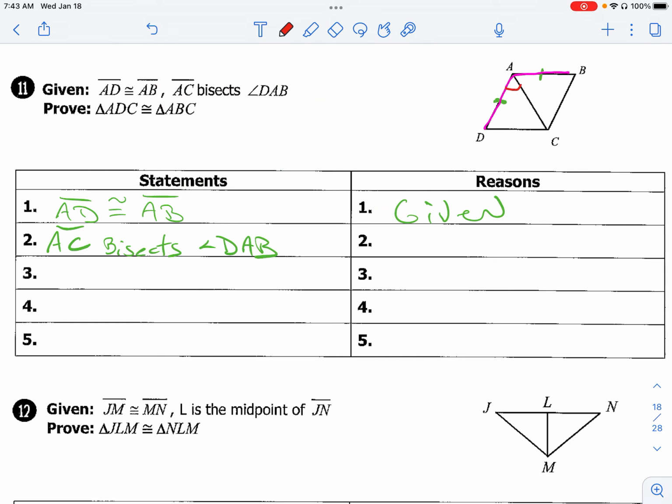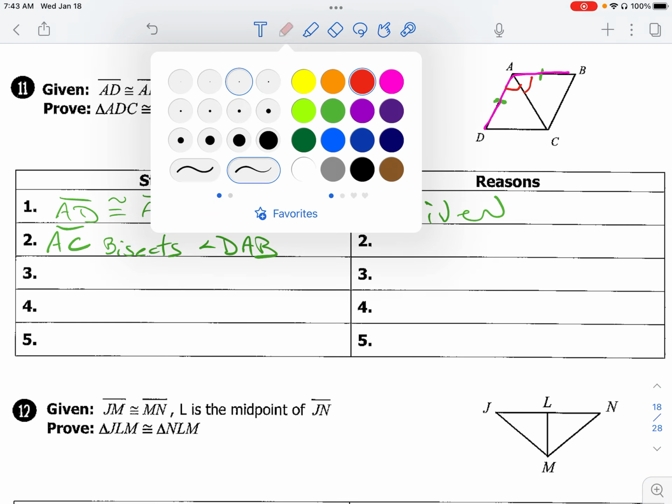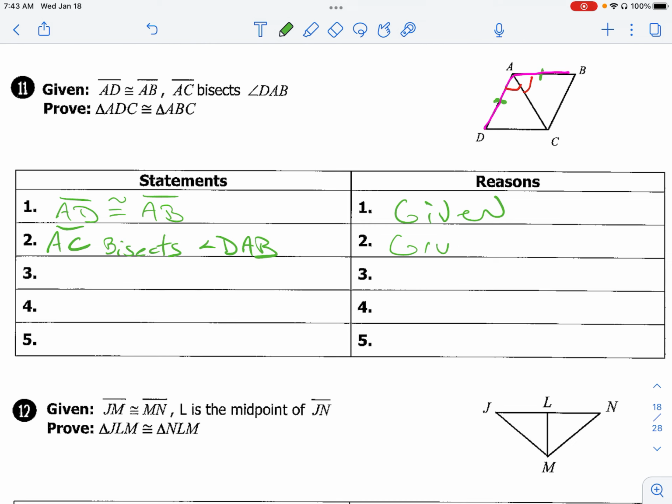So if it bisects it, that means these two are congruent. That is also our given. We know that DAC is congruent to CAB, because that's the definition of an angle bisector.